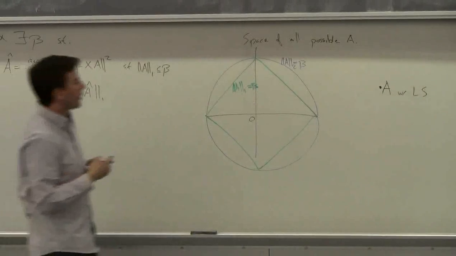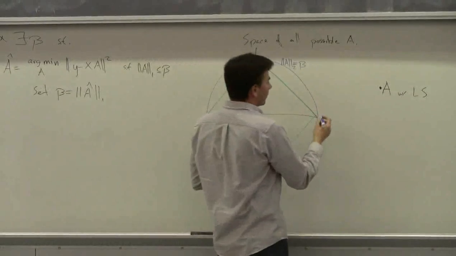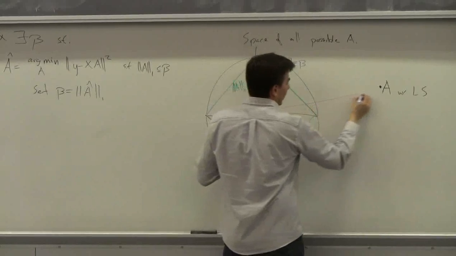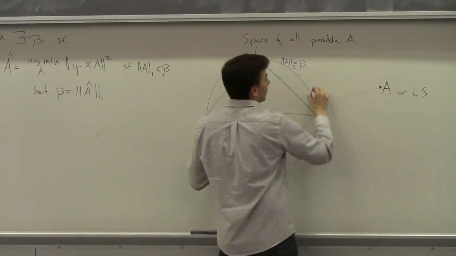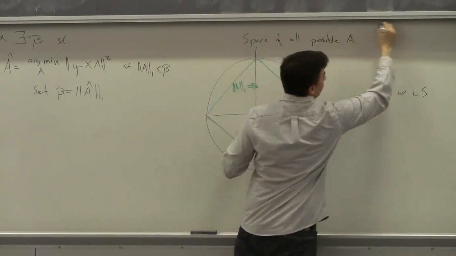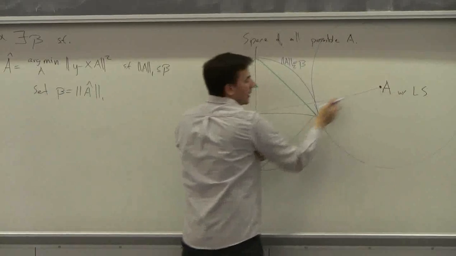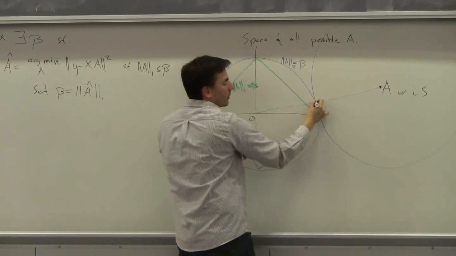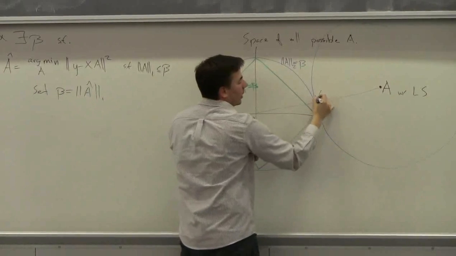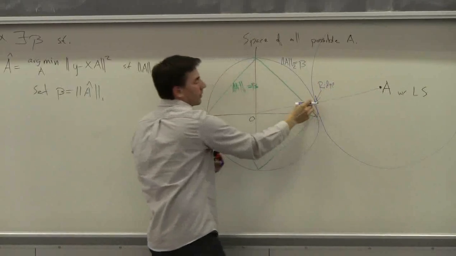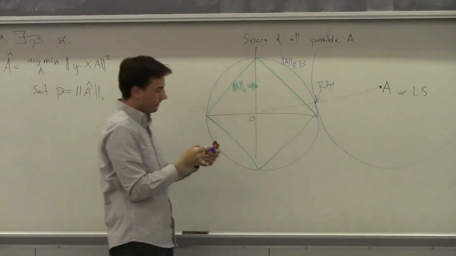Now, if I draw this, the solution for the ridge regression is going to essentially be a circle centered around A. I want the smallest distance from here. It's going to be a point that's right here. So this is the solution for ridge. It's going to be the point on the circle here.